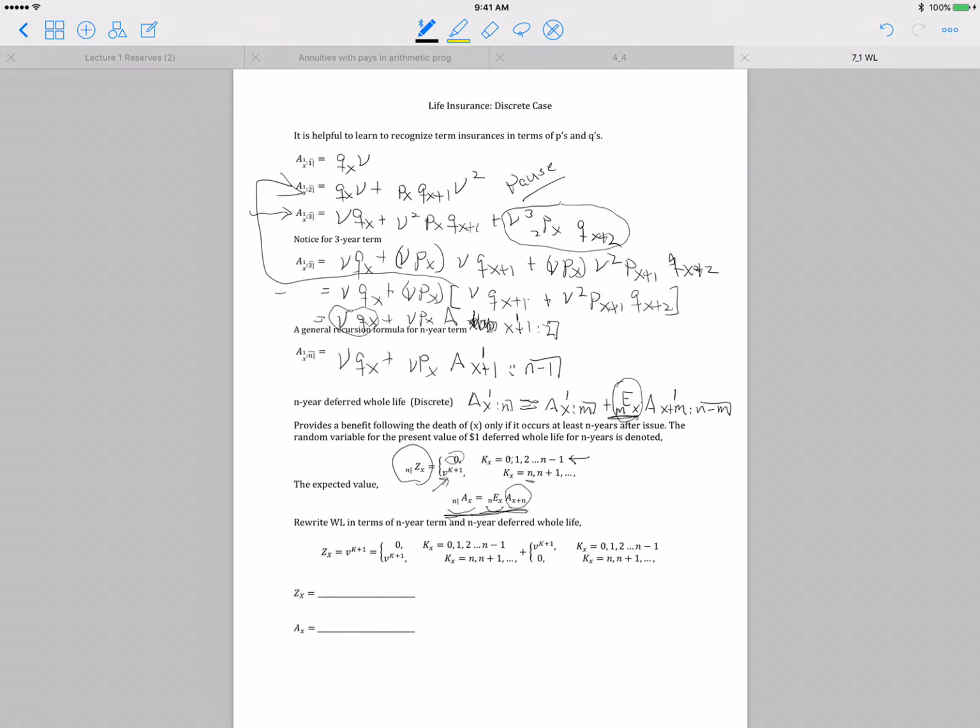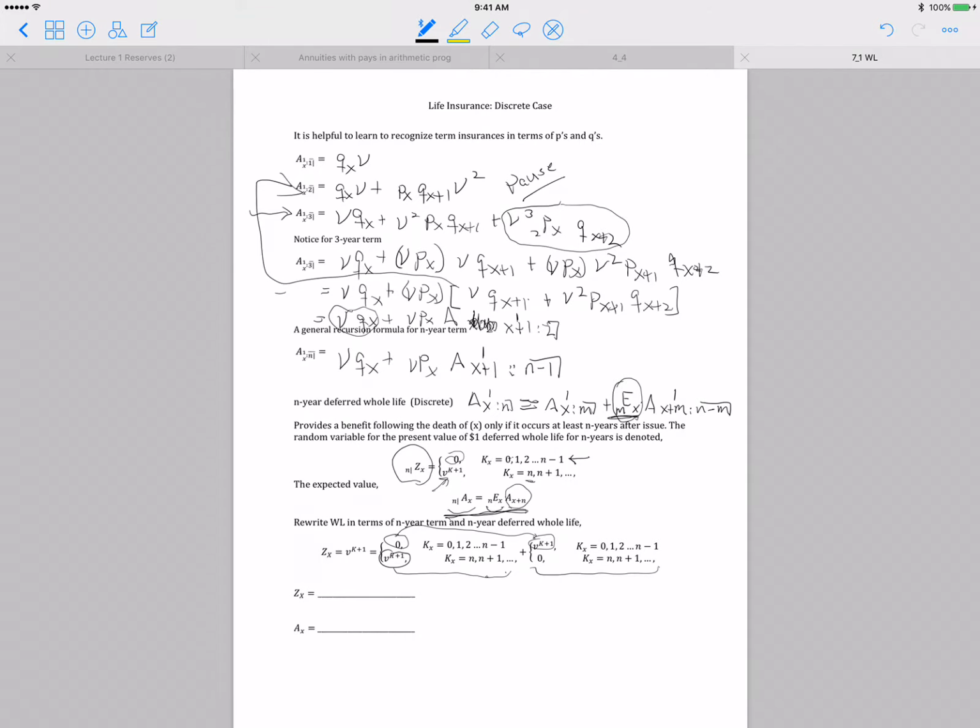I can rewrite whole life in terms of these two, just as I could for instant of death. So here is my deferred, here is my term, n-year term, and n-year deferred. And notice this adds to 0, so that I get v to the k plus 1.